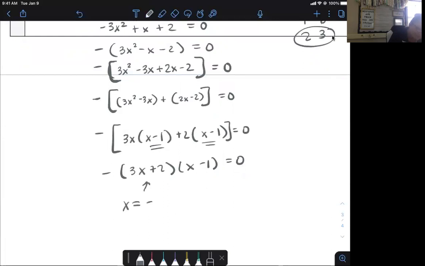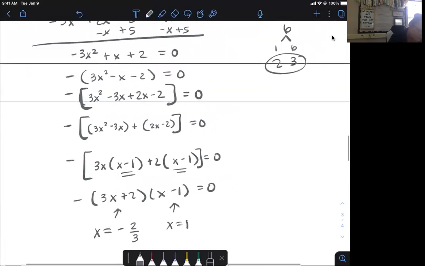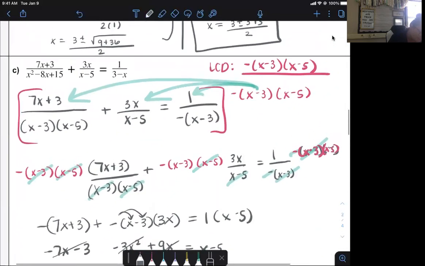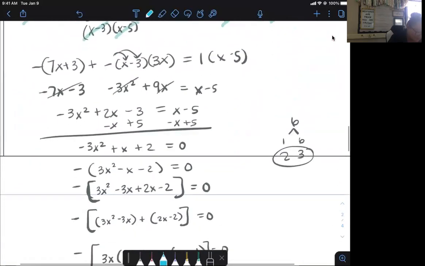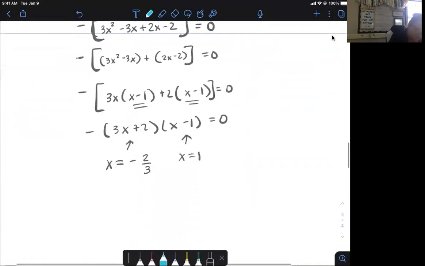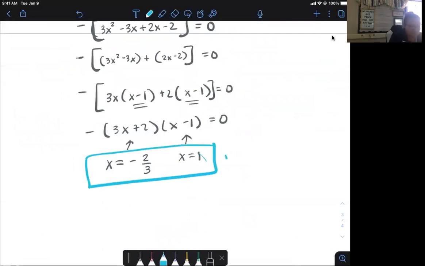This would get us negative 2/3. This would get us 1. But we need to check our restrictions. So going back up here, it looks like x wouldn't be allowed to be 3 or 5. Neither of these answers are 3 or 5. So these would be our final solutions.